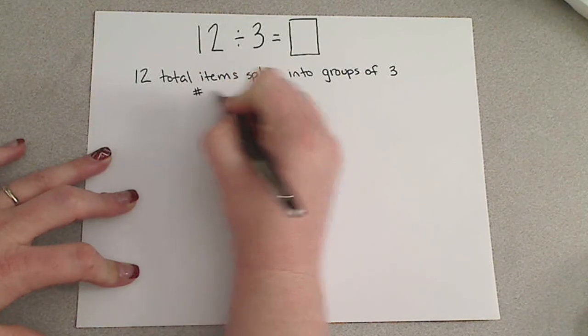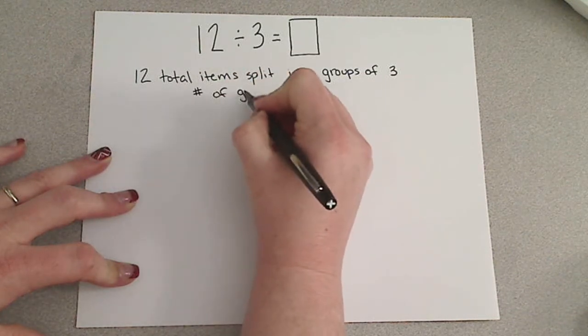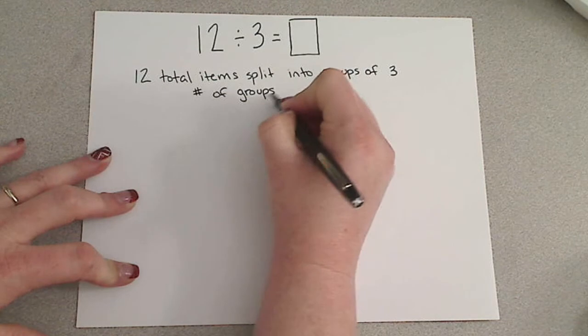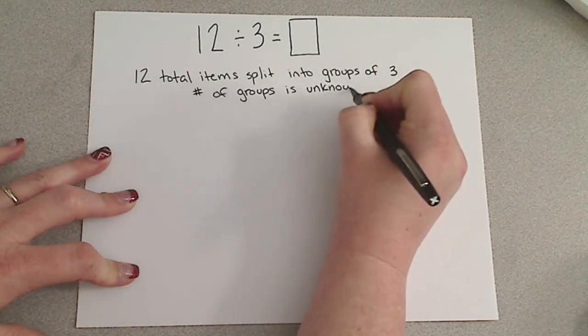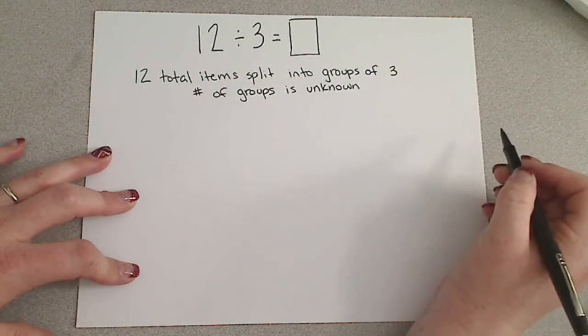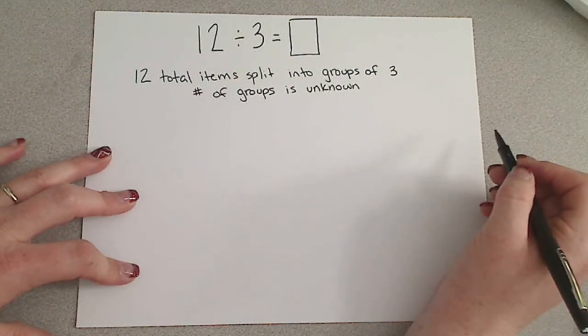So the number of groups is unknown. Now this is a little more complicated than the multiplication, so it's going to take them a little more time to get the grasp of this, but if they can get these pictorial models and understand how to break them down, then they'll be doing a really good job.